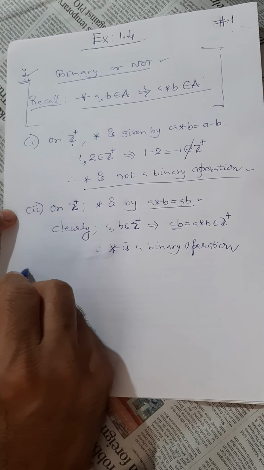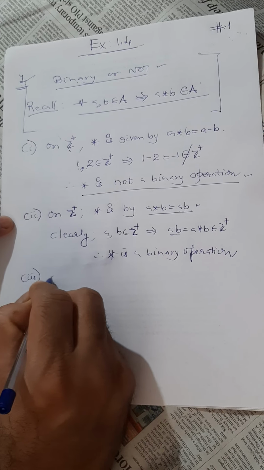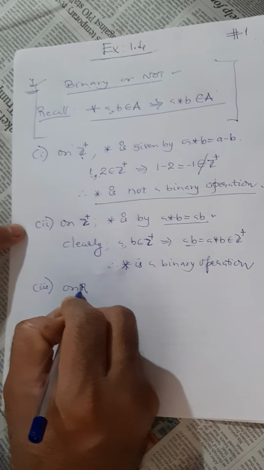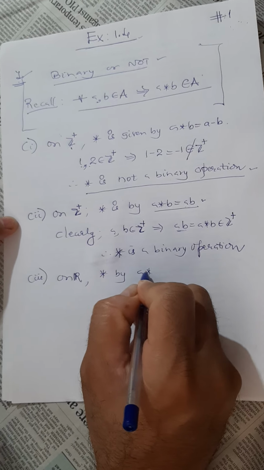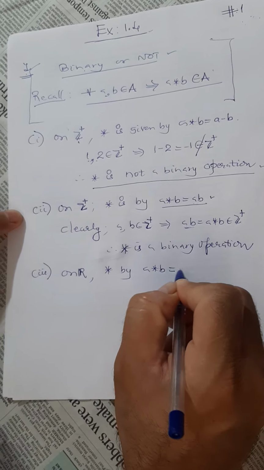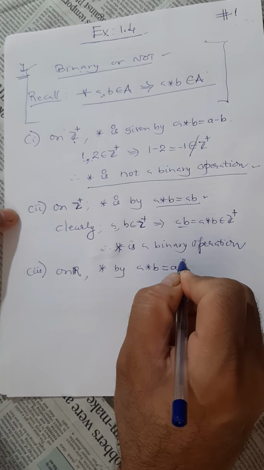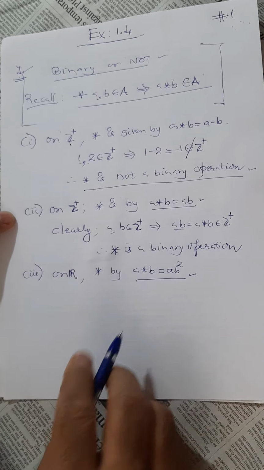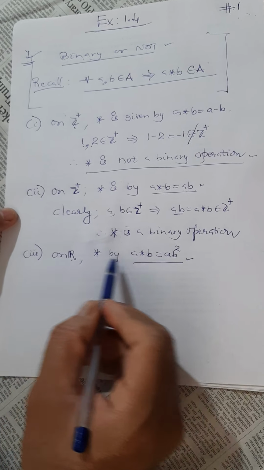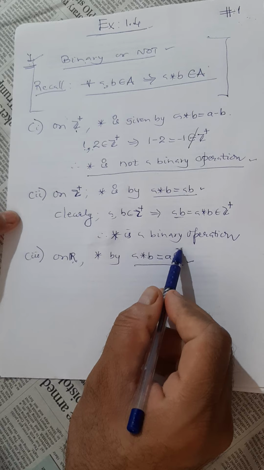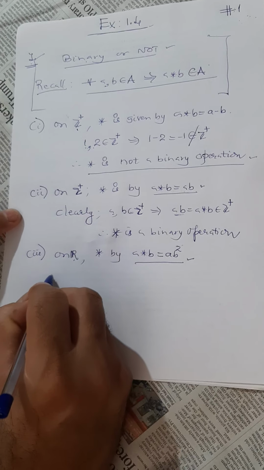I'll go to the third question, number 3, on real numbers, on R. Star is given by A star B equals A B square. Now for every two real numbers, the square is also a real number, and the product is also a real number.